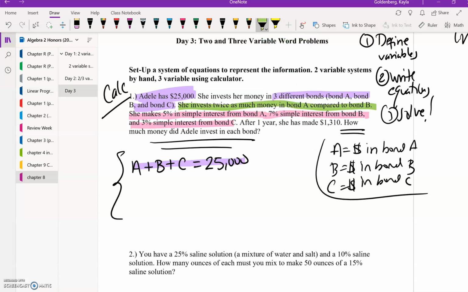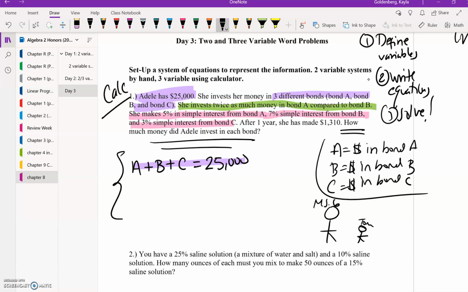So the green clue says that she takes twice as much money and puts it in A compared to B. So think about it like if I am twice as tall as someone else, if that's Miss G, and that's someone who's really, really short, let's call them Tom.